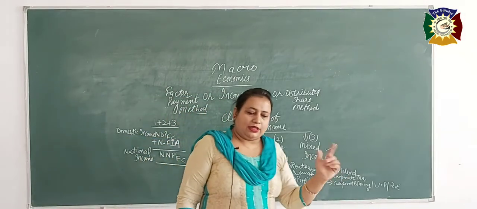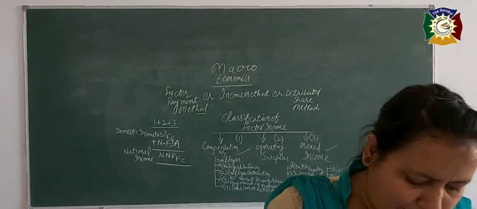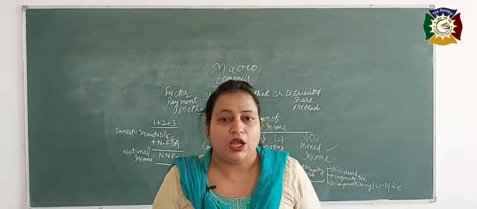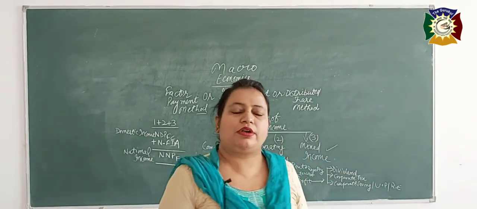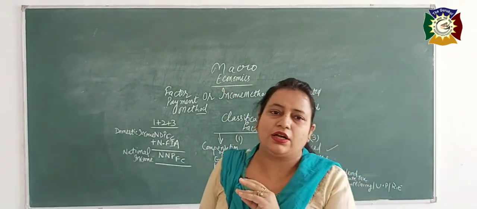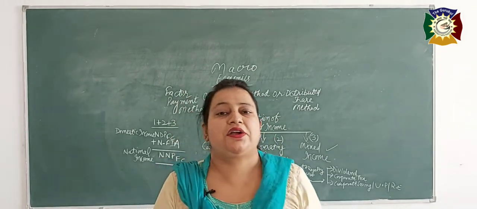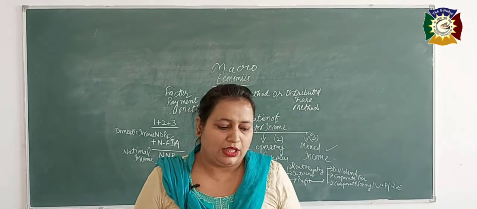Okay beta. Next precaution: transfer income to be avoided. I already told you this, old age pension and retirement pension. Retirement pension is a factor income, but old age pension is a transfer income or transfer expenditure for the government.